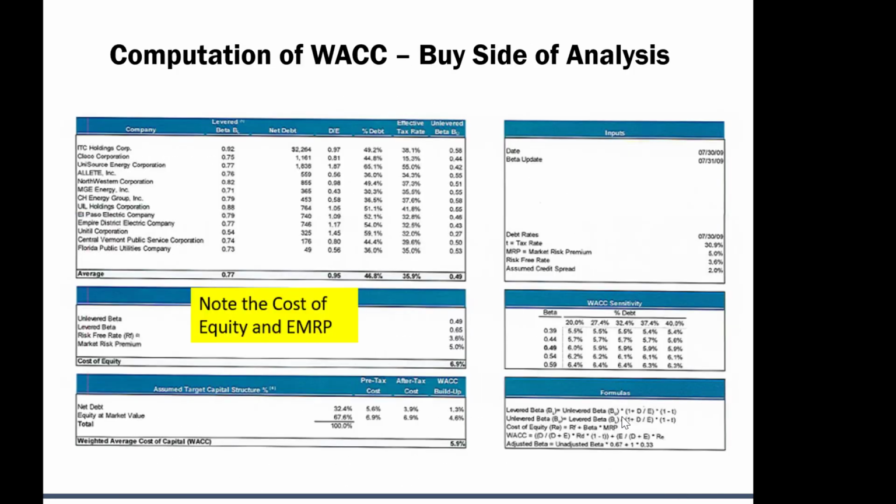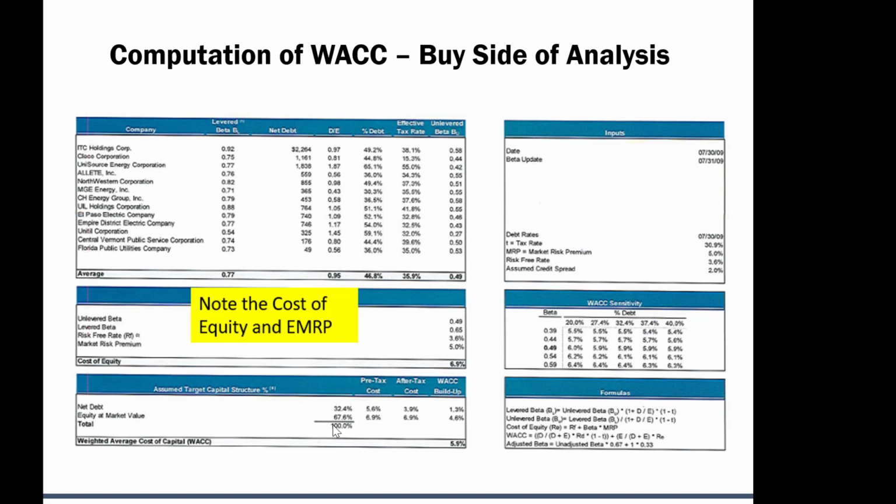I'm not sure that they have the formula exactly correct. Okay, and then you can get the unlevered beta. Once you get the unlevered beta, you say, okay, well, that's the beta for the industry. Then you re-lever the beta. You take the unlevered beta and put in a capital structure here. You put in something like 32%.